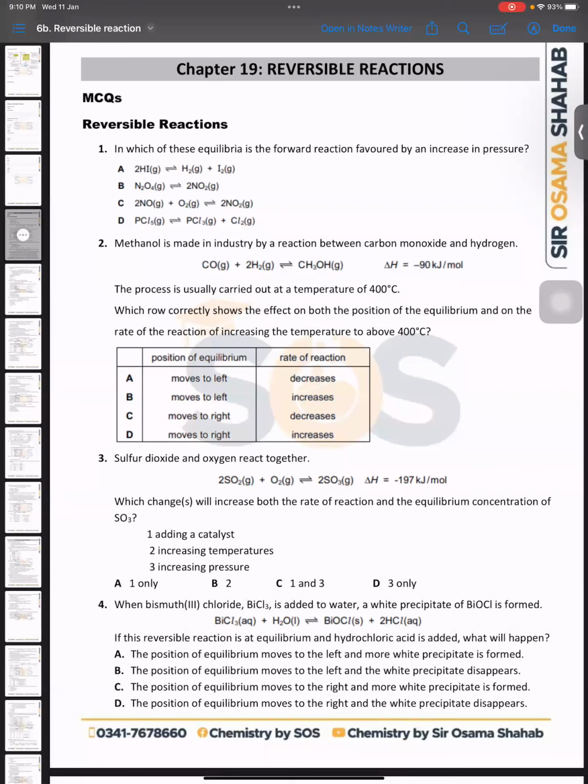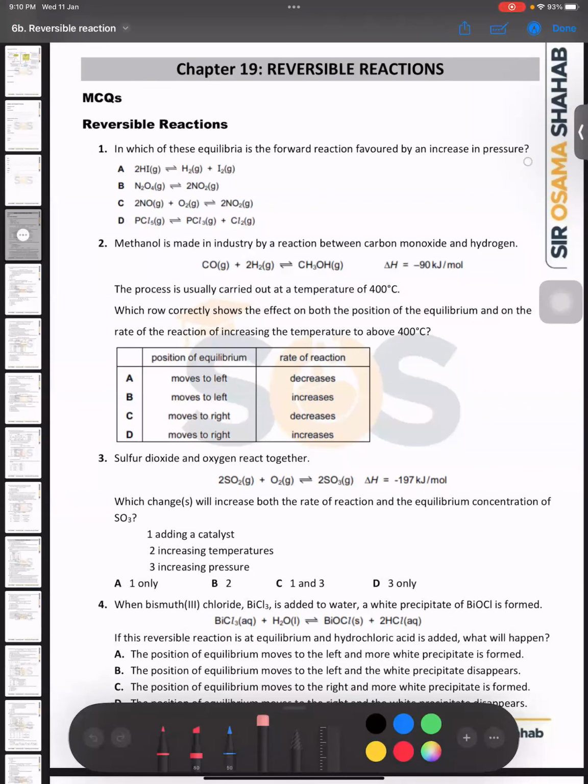Yes, बच्चों, when we increase pressure, we know that an increase in pressure favors the greater or lesser number of moles? Lesser. Yes, lesser number of gaseous moles. You need to remember, lesser number of gaseous moles.